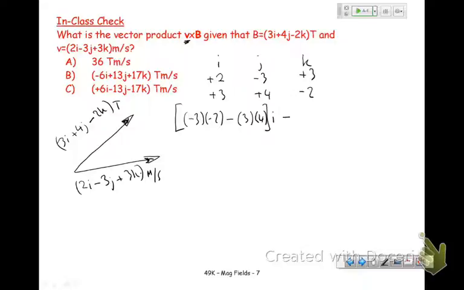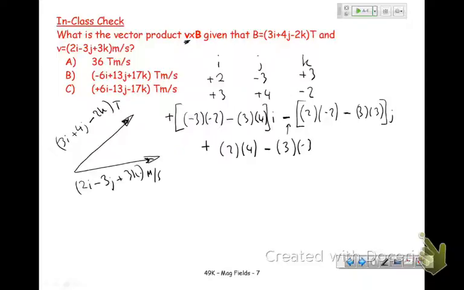So there's the wrinkle bit, and that is that the second term has to have a negative sign. The first term has a positive sign, the second term has to have a negative sign, and the third term will have a positive sign. So I go 2 times minus 2 minus 3 times 3 J, and then plus, I'm going to do my last term, which is 2 times 4 minus 3 times minus 3.